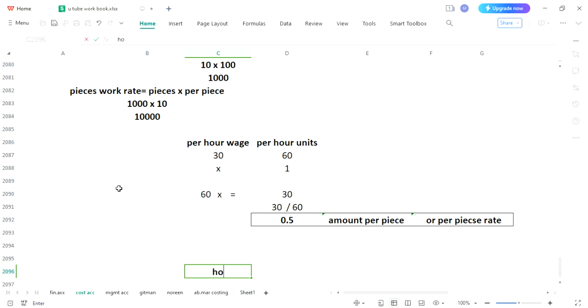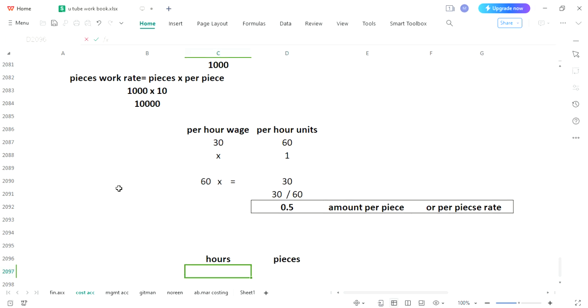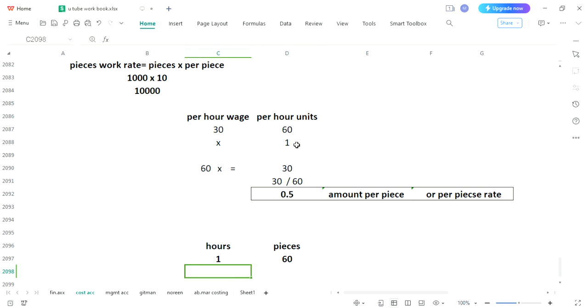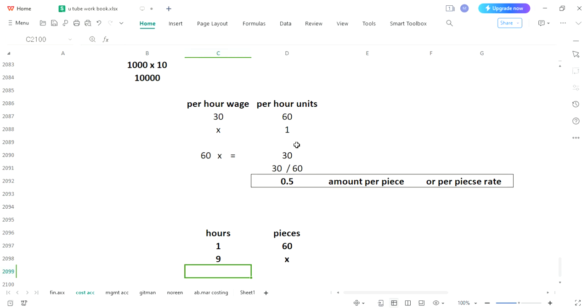Two things we will discuss: hours and pieces. We have been told that 60 units are made in 1 hour. But in the question it has been said workers have worked for 9 hours. Now let me know how many units would be made in 9 hours.